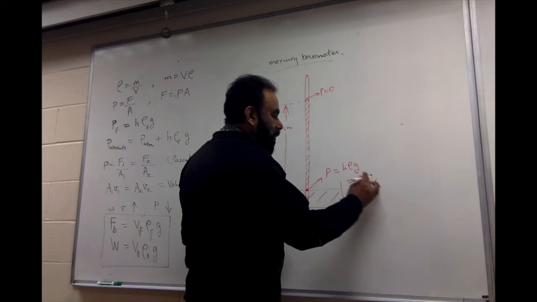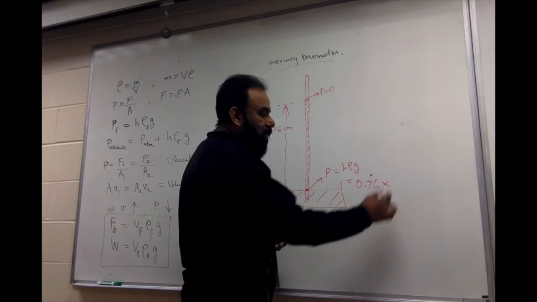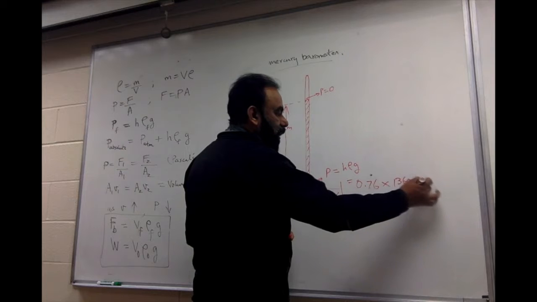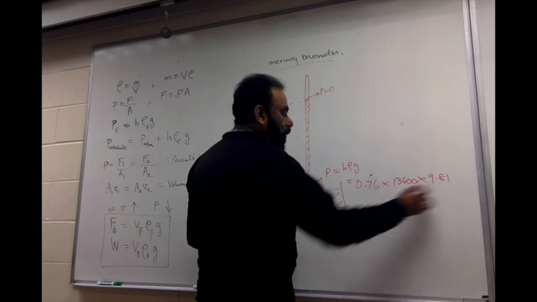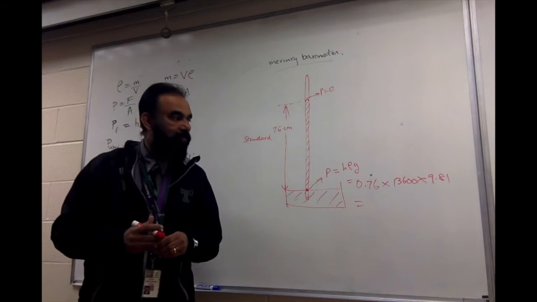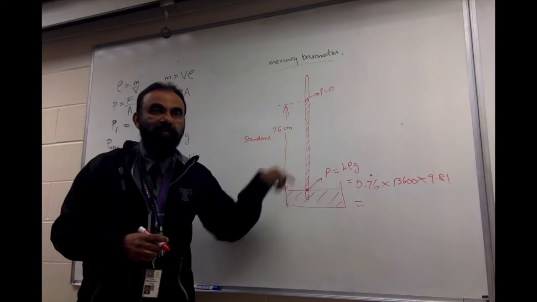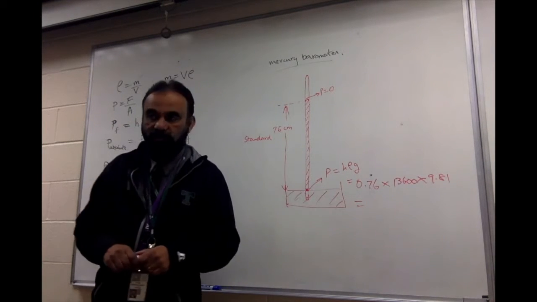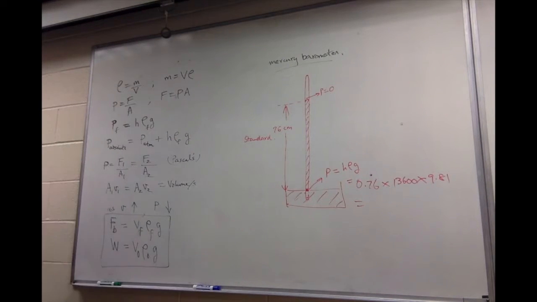So 0.76 times 13,600 times 9.81. Can you do this calculation and let me know how much you get? Find out how much, and in scientific notation.